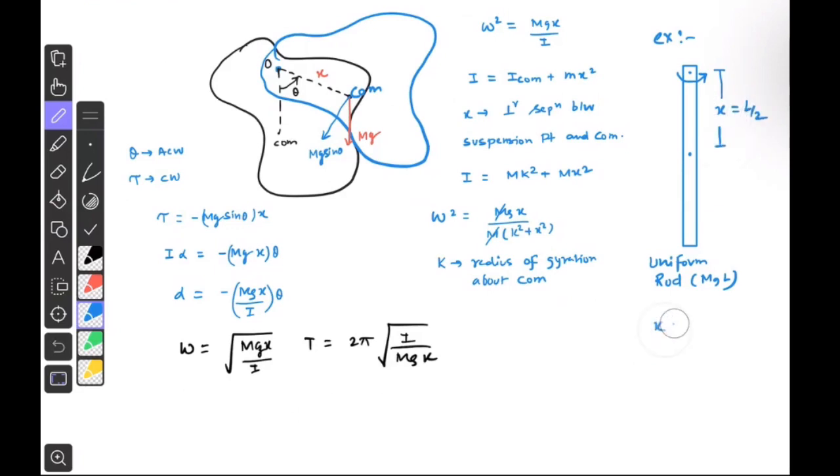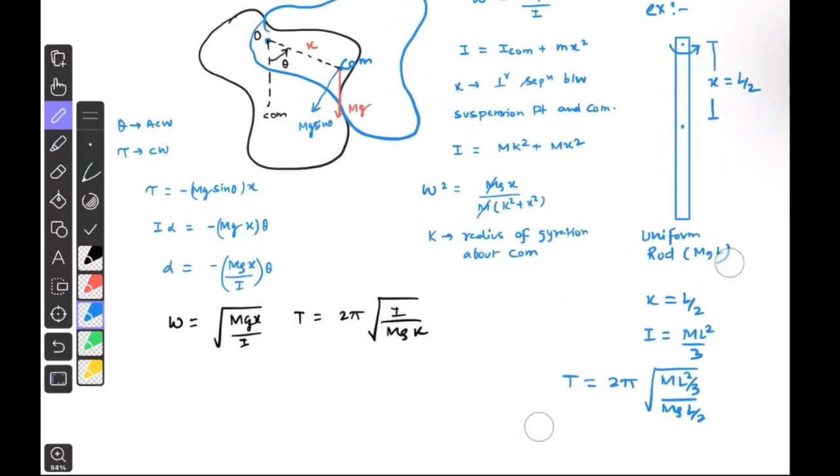So here x will be L by 2, moment of inertia about the point of suspension, we know it is ml square by 3. So time period will be 2 pi root over ml square by 3 by mg L by 2, which will give us 2 pi root over 2L by 3g, no? And if it is easy only, simple pendulum, nothing much in there.